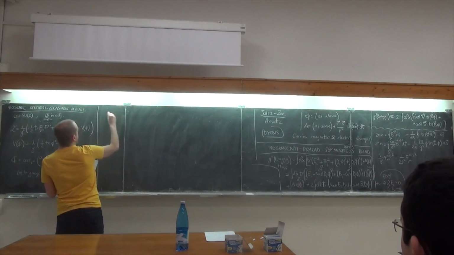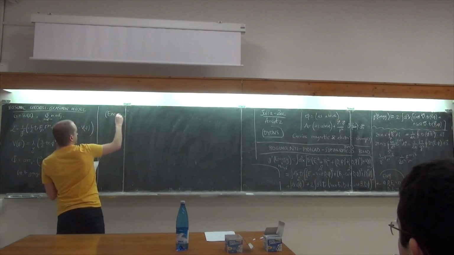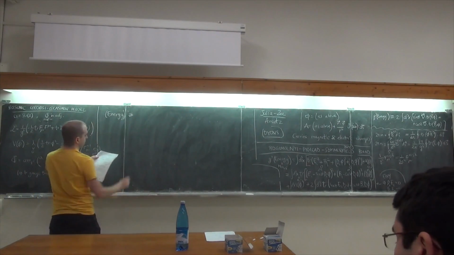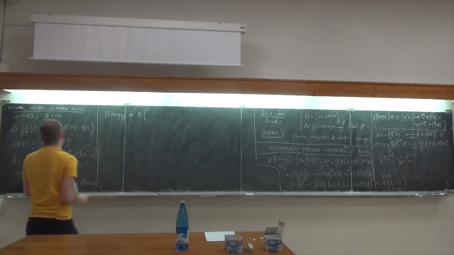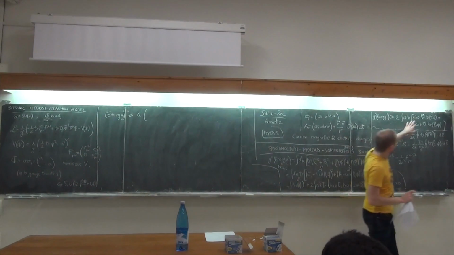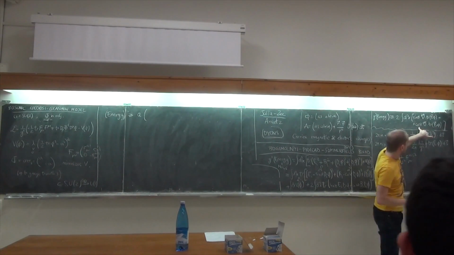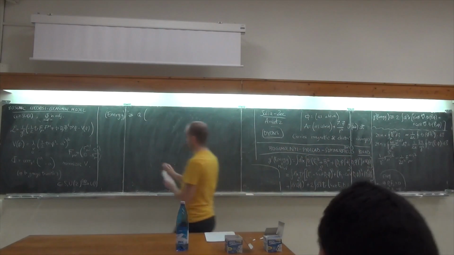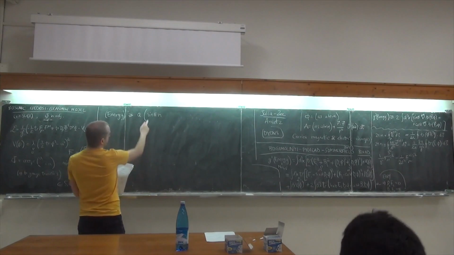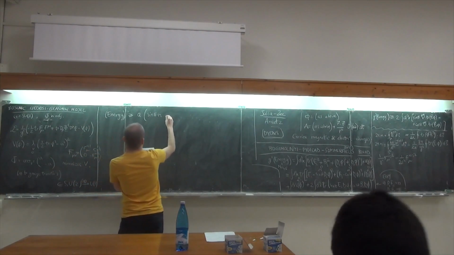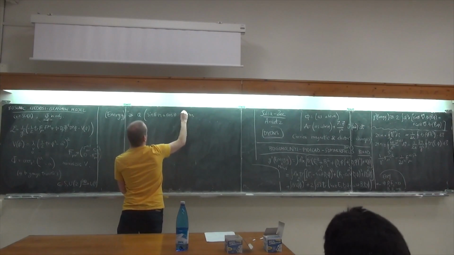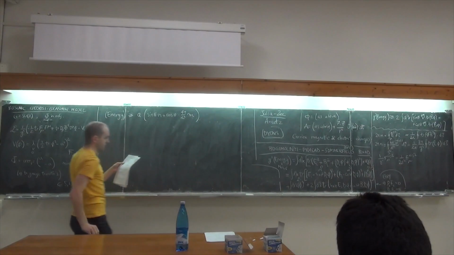Using those charges for the unbroken U1, I find that the energy is bigger than or equal to A, the vev of the scalar field, times sin theta times the electric charge plus cos theta times the magnetic charge, multiplied by 4 pi over e squared.